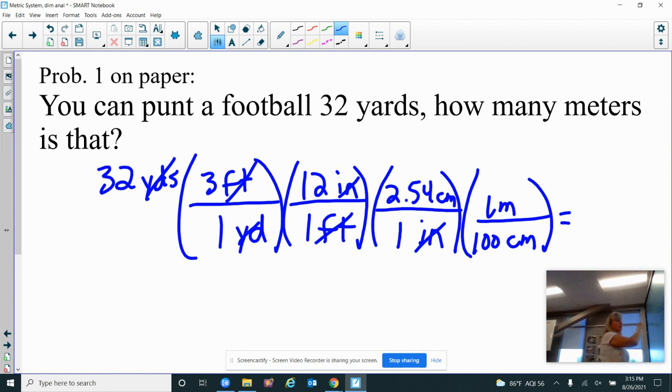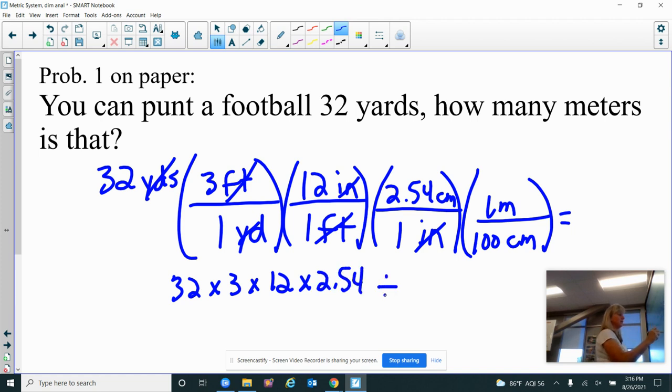So now, once again, all the numbers on top multiply, any numbers on the bottom divide. There happens to be a lot of ones on the bottom. That doesn't always happen. It doesn't matter what the numbers are. They're not always going to be ones, but you divide by them if they're on the bottom. So this will be 32 times 3 times 12 times 2.54, and then that 100 is on the bottom, so it'll be divided by 100.